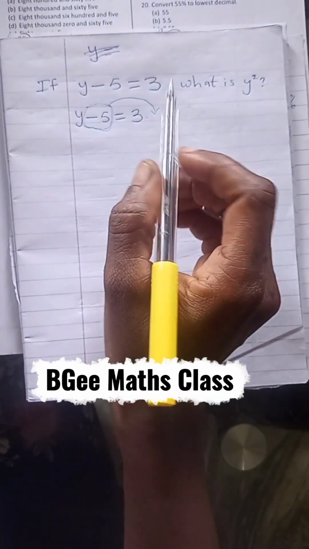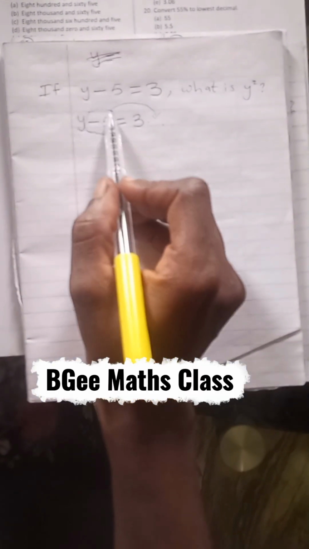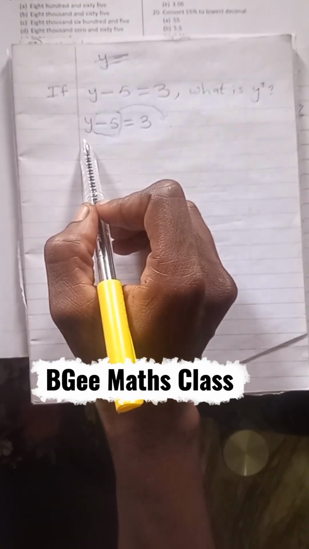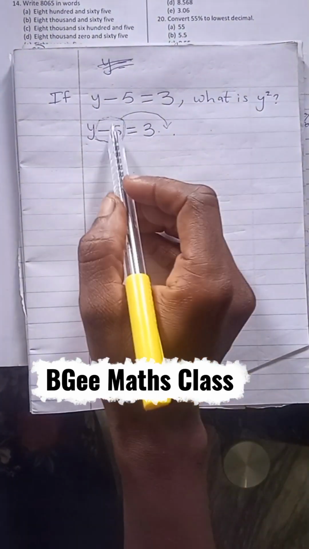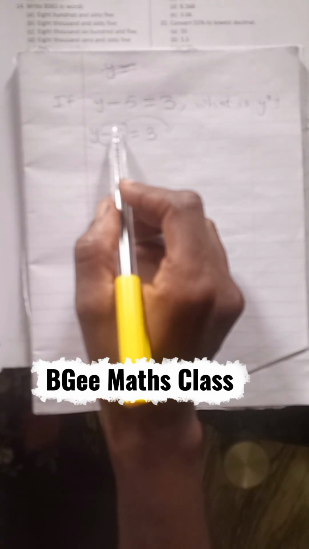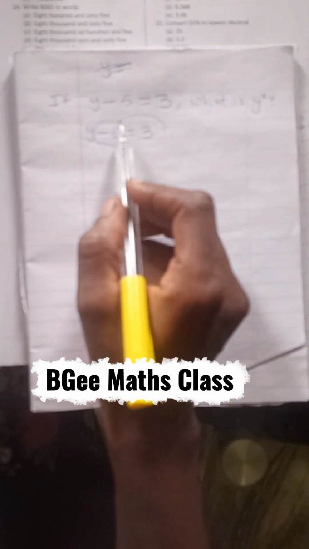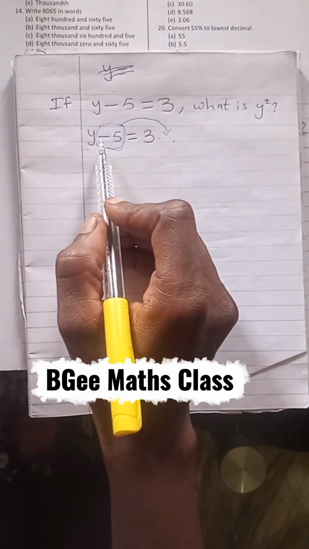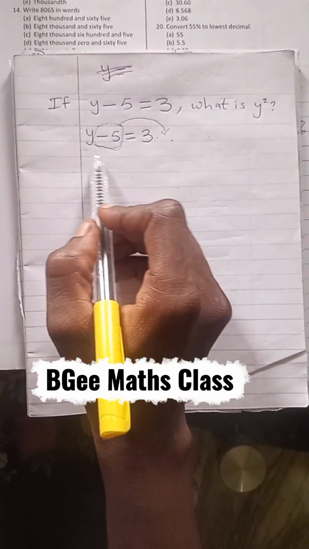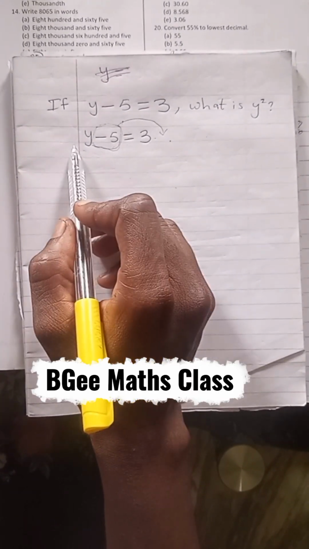Do we understand now? If I remove this minus 5 away from here, what will remain? It will remain only y. That's my goal: to remove this minus 5, cross it over this equality sign, and bring it to meet 3 here, so that at the end of the day, only y will remain at this side of the equality sign.